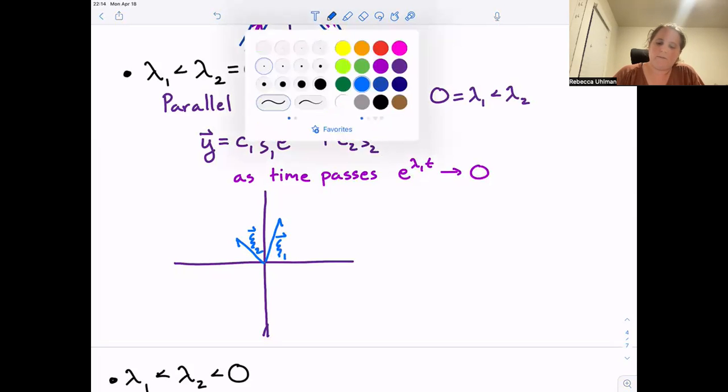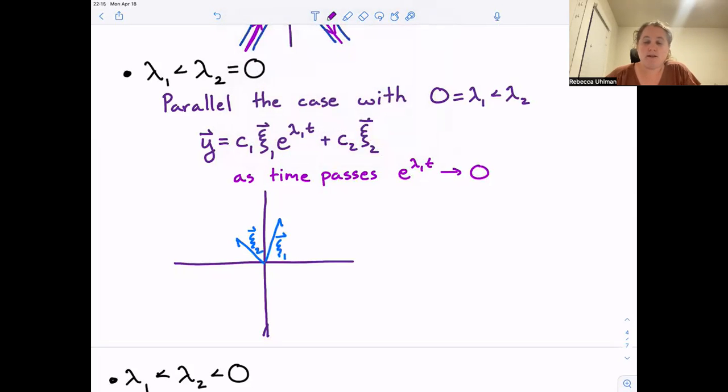this time around it was psi2, which was our constant. So any scalar of psi2, we'll draw the lines going along psi2 through the origin. That's going to just be constant. Points don't travel along that line. If we follow the line through the origin following along psi1, because lambda1 is negative, we're going to head in towards the origin.